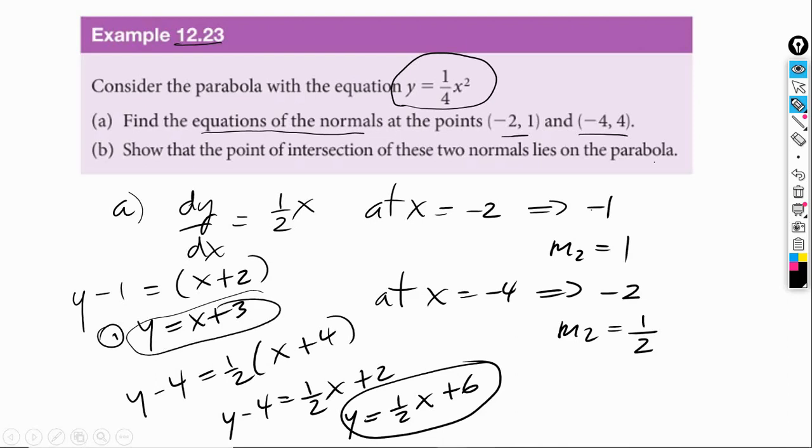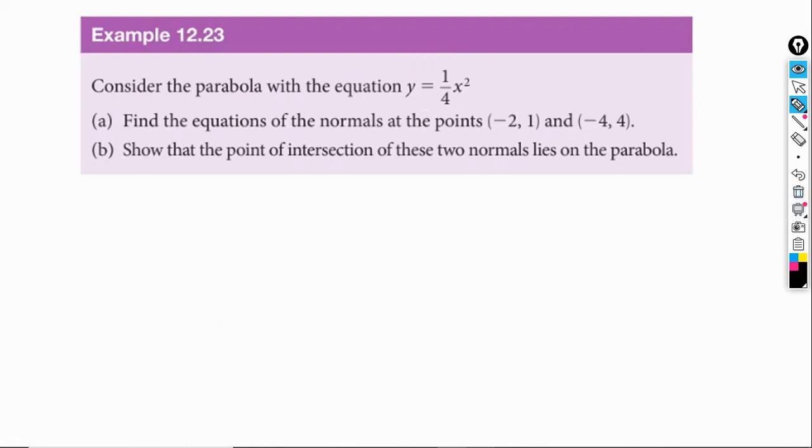And with these two equations, we're going to solve part B. So let's erase this and let's work on part B. So let's recall then that the two equations we found were y equals x plus 3, so that's one of the normals, and the other one is y equals 1/2 x plus 6.